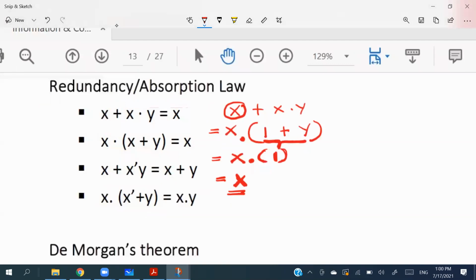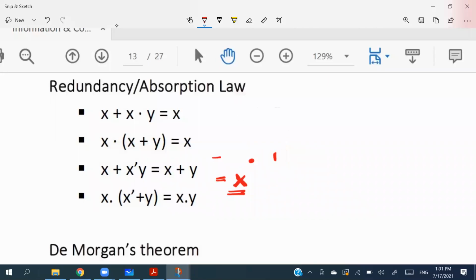Now let's think about the second one. Now the second one says x dot inside the brackets x plus y. Right? x dot (x plus y). Now, can't we apply the distributive law for this?